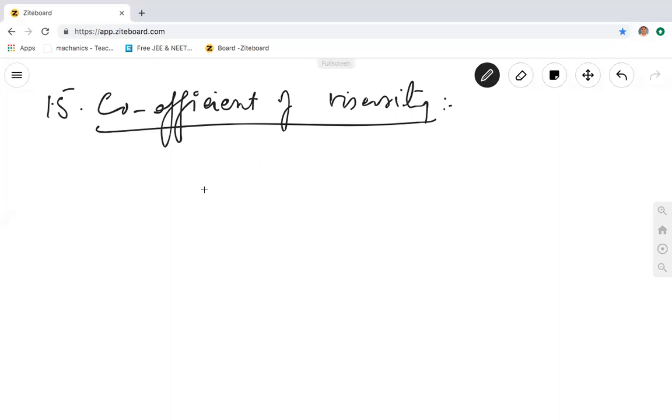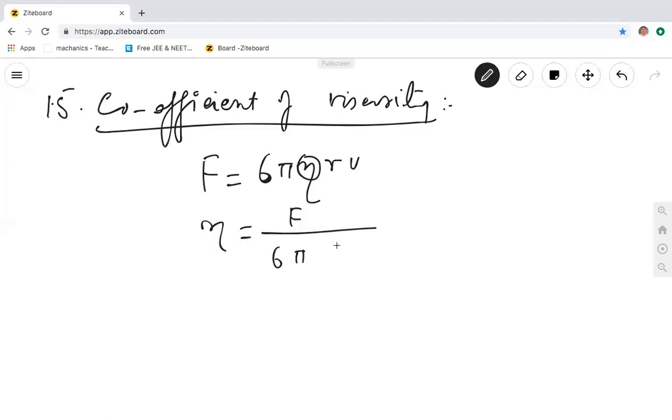So why not pick up this: force is equal to 6 pi eta R V. This is one of the formulas connecting viscosity, this eta. What is eta equal to? F by 6 pi R V. Good. It is M L T minus 2 divided by 6 pi, which is dimensionless because it is a constant, right?